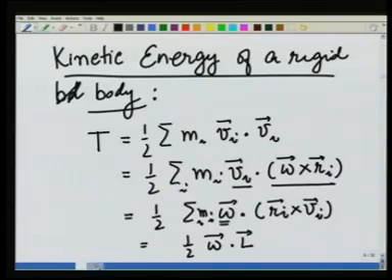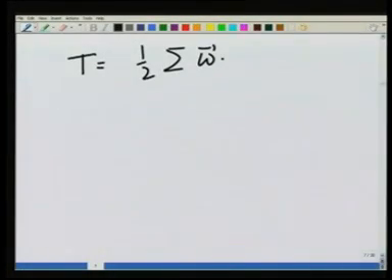So, the kinetic energy of a rotating body is equal to 1/2 summation omega dot Ri cross Vi.